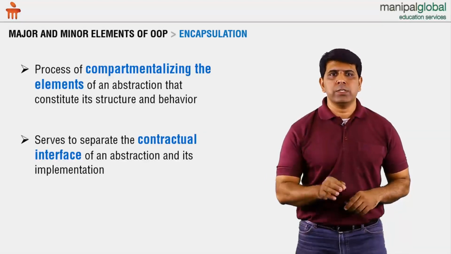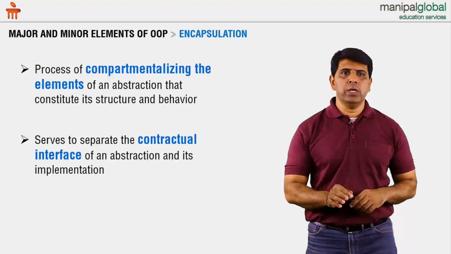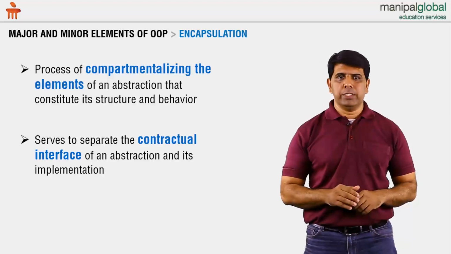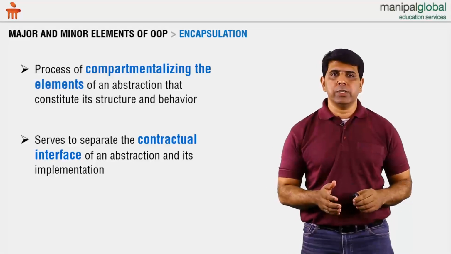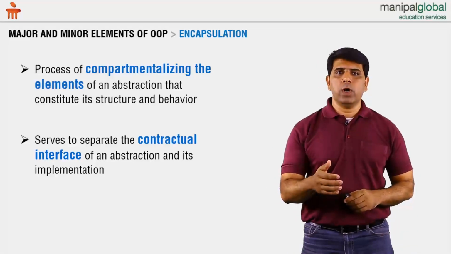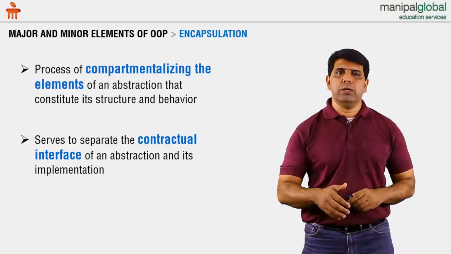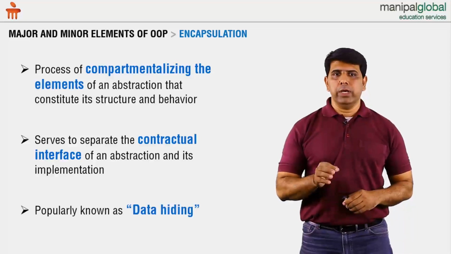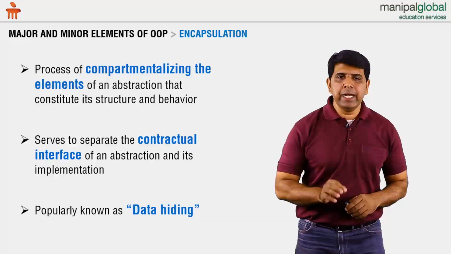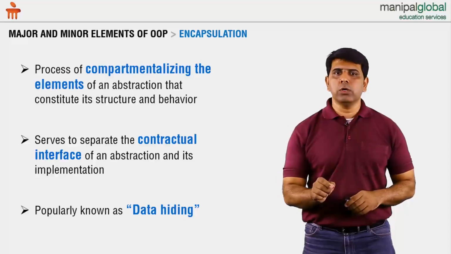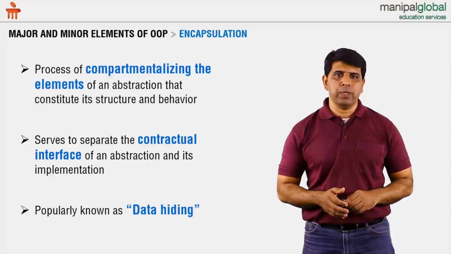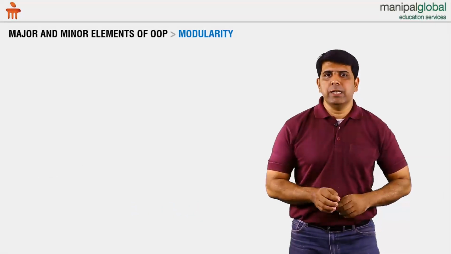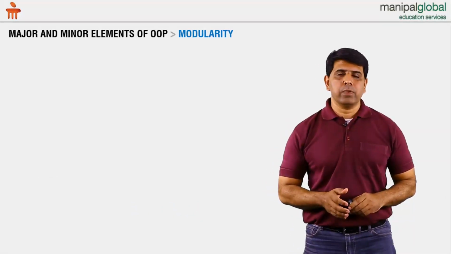Now it serves to separate the contractual interface of an abstraction and its implementation, meaning that using encapsulation, people would know what they can access from that class and what they cannot. Now it is also very popularly known as data hiding, but you should know that not all data necessarily needs to be hidden.